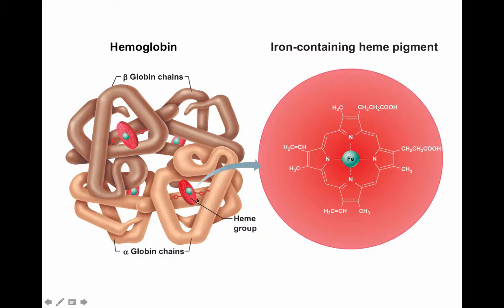And then there are these heme groups, where you'll see an iron ion in the center of these other chains of molecules that form the heme group.